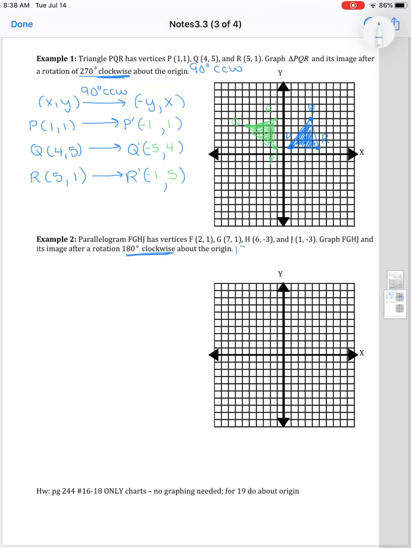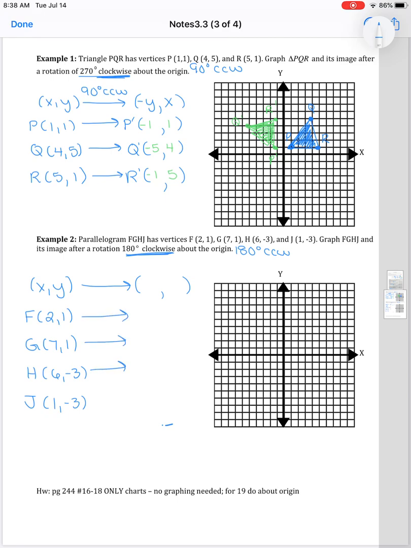All right, for this second one here, we have a parallelogram, so we've got 4 points. We're graphing its image after a rotation of 180 clockwise. The nice part is, again, about 180, clockwise and counterclockwise, nothing's going to be impacted there. It's only the 90 and the 270 that get affected. So step 1, let's make our chart, and we're going to graph our points.